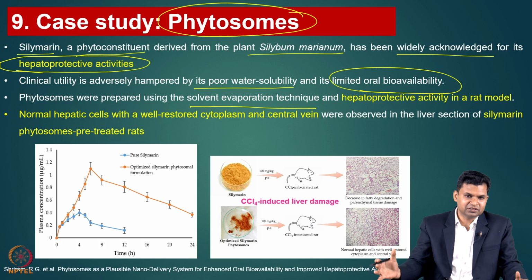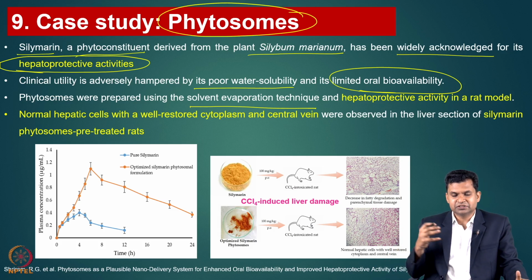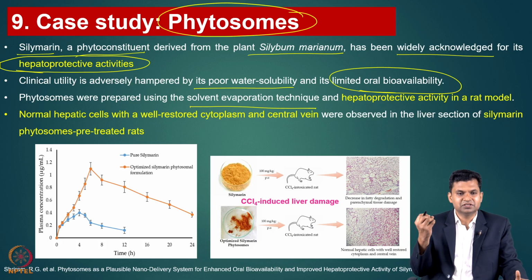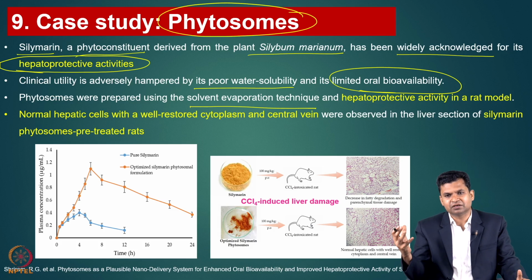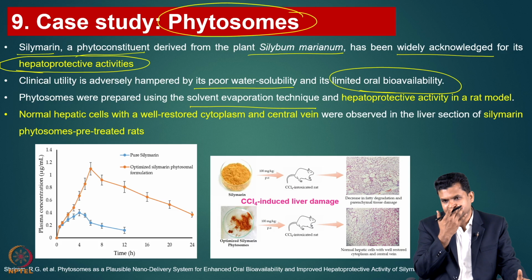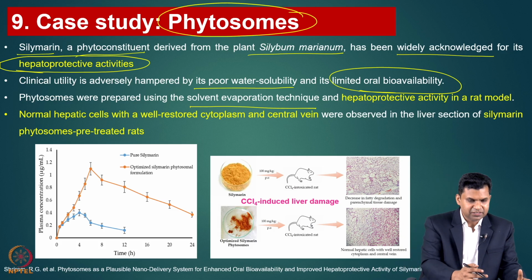They also looked at the particle size, and after that they tried to see the efficacy of the plain drug, the pure drug of silymarin, against the optimized formulation. But before that, they also studied the bioavailability of the molecule in the rat model.